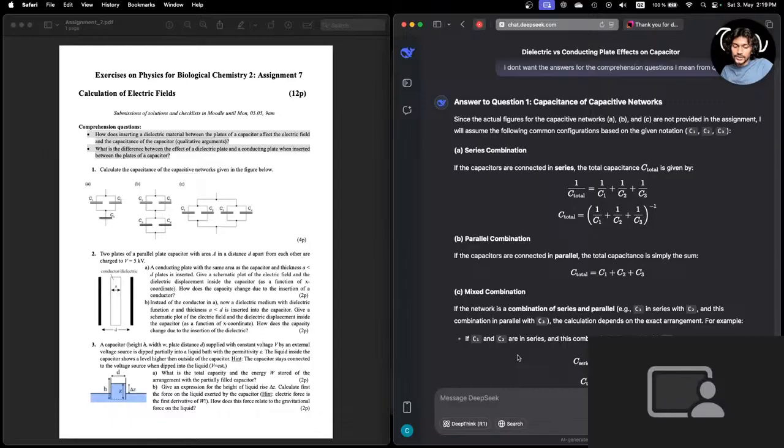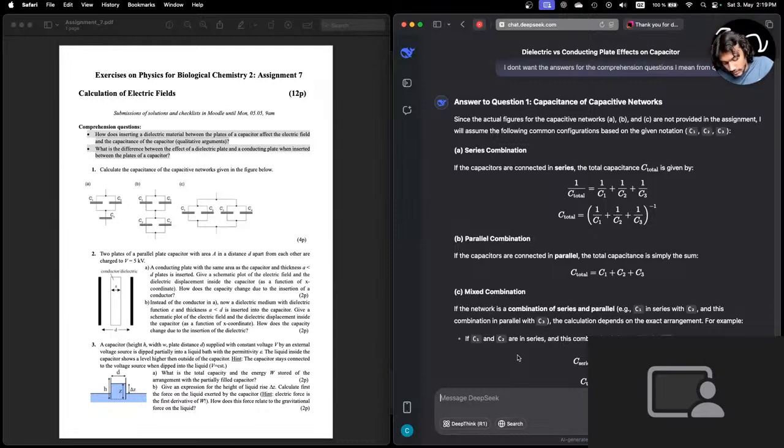That is C1 into C3 plus C2 into C3 by C1 plus C2 plus C3. That's the first part. Now the second part.